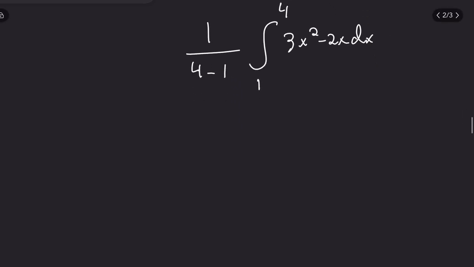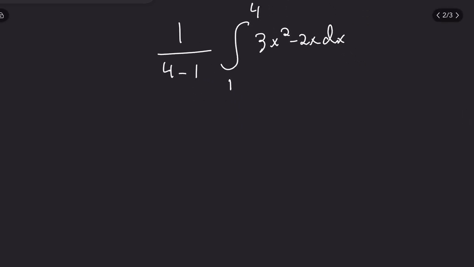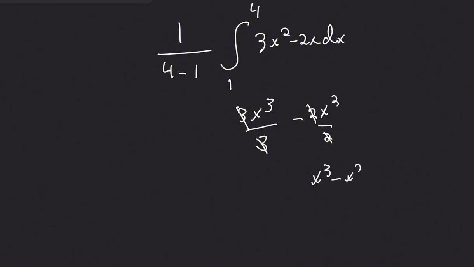And now from here we just solve, and it's pretty simple. So it's just going to be x cubed over 3, these cancel out, minus x squared over 2, these cancel out, and then you get x cubed minus x squared evaluated from 1 to 4.